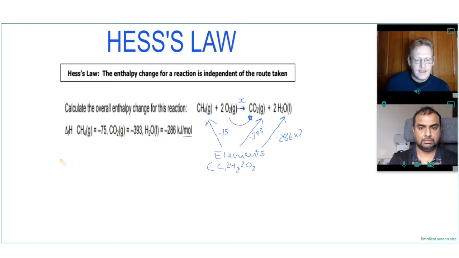So we can say X is equal to, because we're going against the arrow for the reactants, we change the sign. The opposite reaction would have the opposite sign, so that would be plus 75. And the other 2 arrows we're going with, so that enthalpy change stays the same.